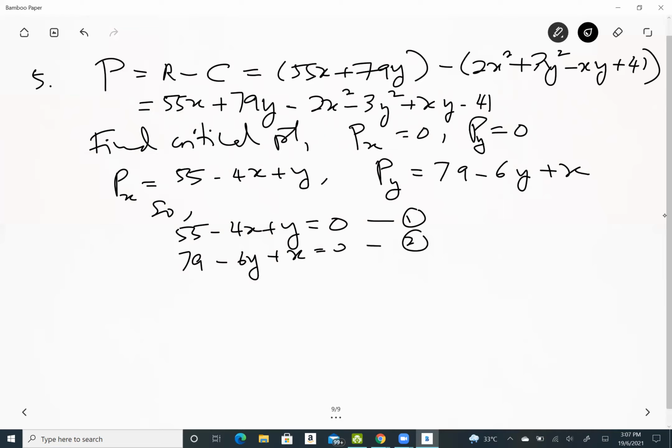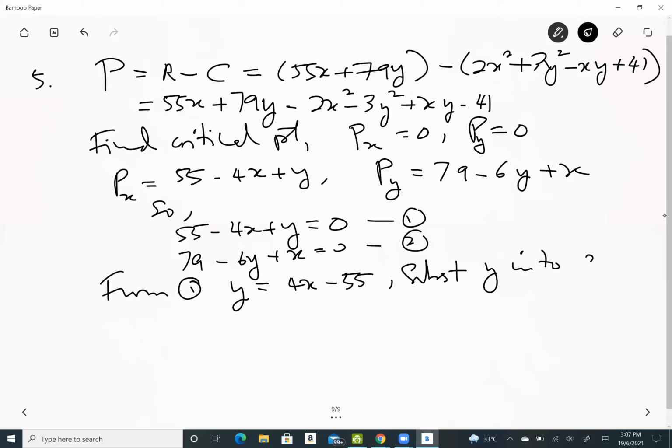Call it number 1. And then 79 minus 6y plus x equal to 0. Call it number 2. So from here, all right, from number 1, I will get y equal to 4x minus 55. Or from number 2, you will get x equal to 6y minus 79. All right? And then what you do next is substitute y into number 2.